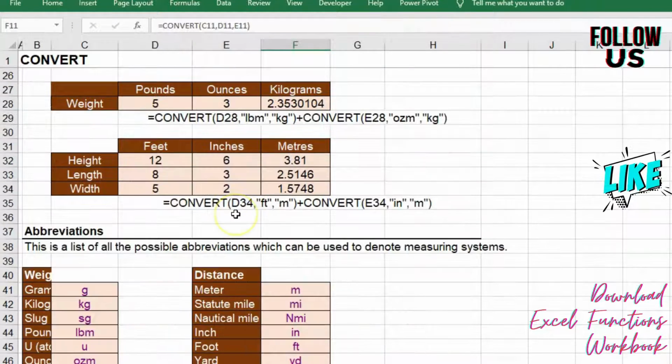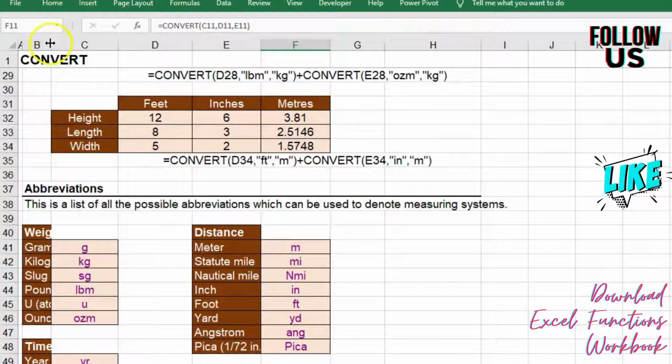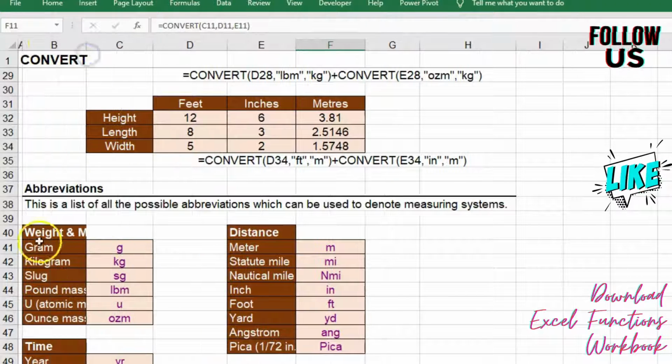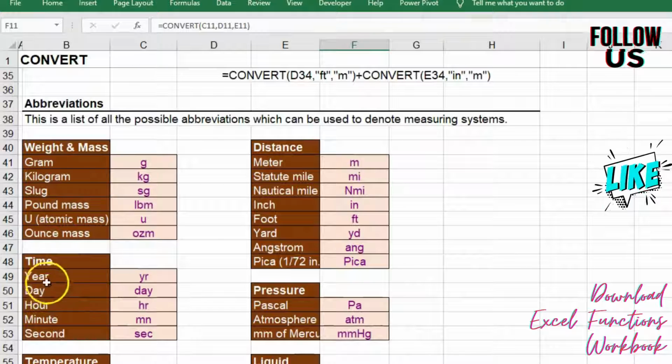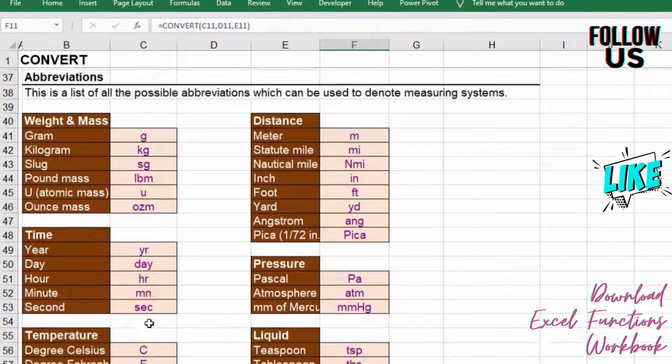So you can have different examples of that, but in this worksheet I've put all of the possible abbreviations which can be used to denote measuring systems. For weight and mass, we have gram, kilogram, and all of this. For time, these are the abbreviations.